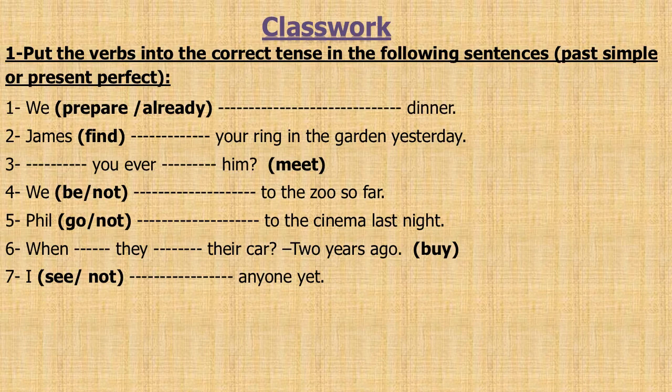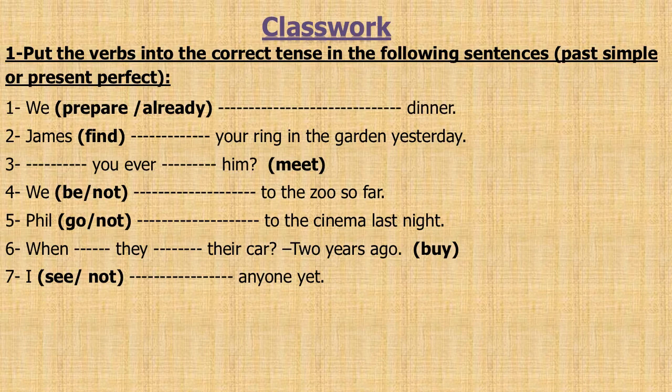Number 5, Phil, go, not to the cinema last night. Here the word last night is a key word for the past simple, so the answer will be Phil didn't go to the cinema.